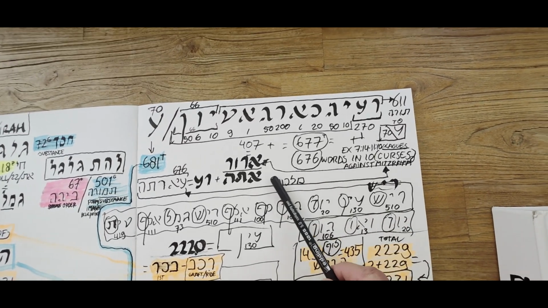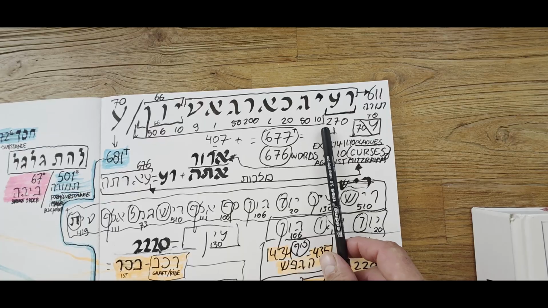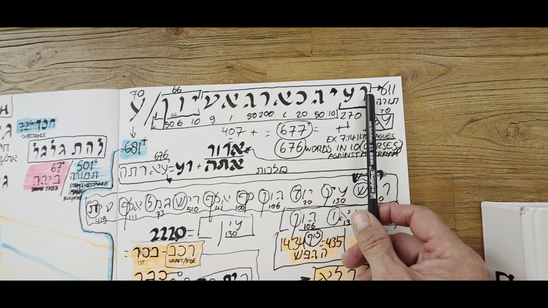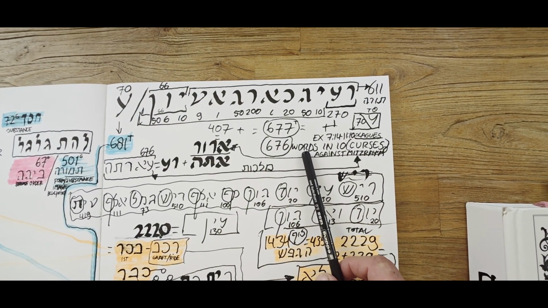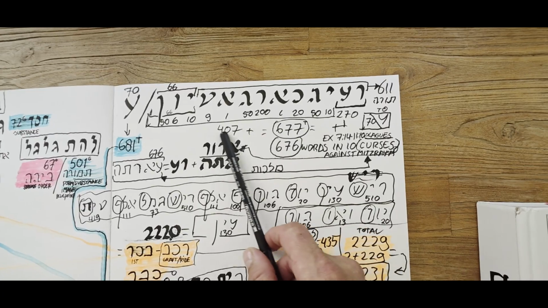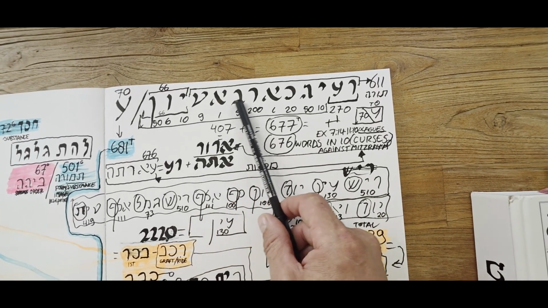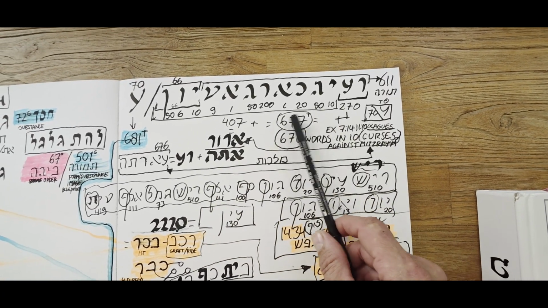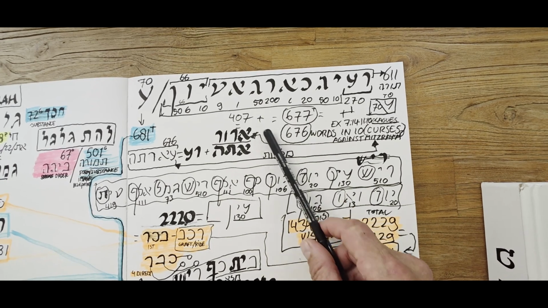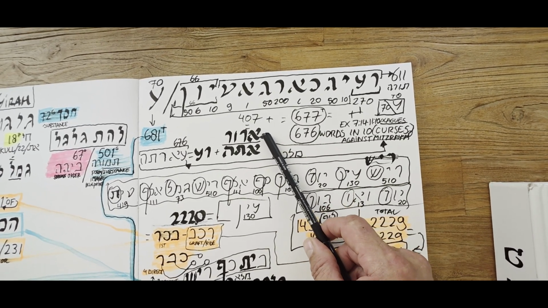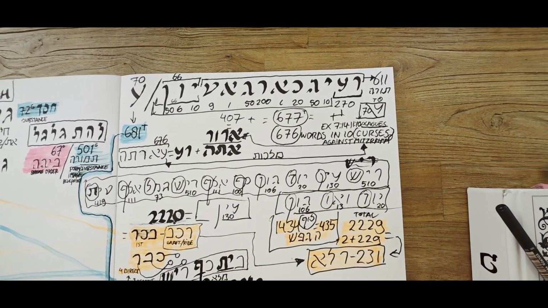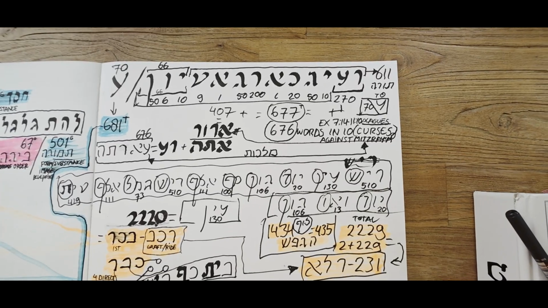So further values. We see Ra, evil. And then we see the value of the restitutional letters here being 407. 407 is the value of Arur, cursed. Right?